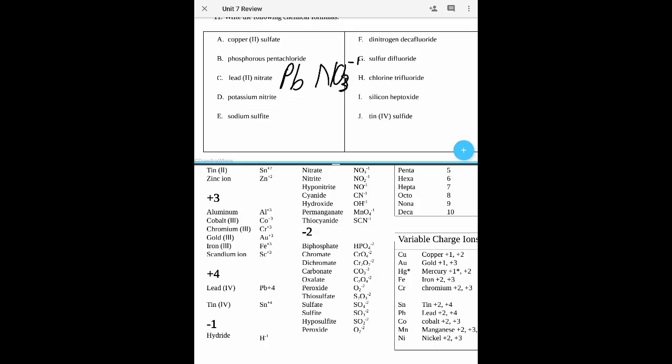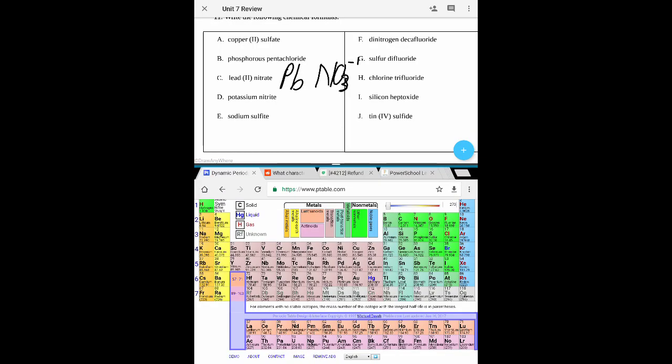Now lead is a metal, so this is again an ionic compound, so we have to find the charge of lead. Lead is not in any of the 8 main groups, so we have to look at our Roman numeral. That Roman numeral tells us what the charge is. Since it's Roman numeral 2, that means lead is plus 2.